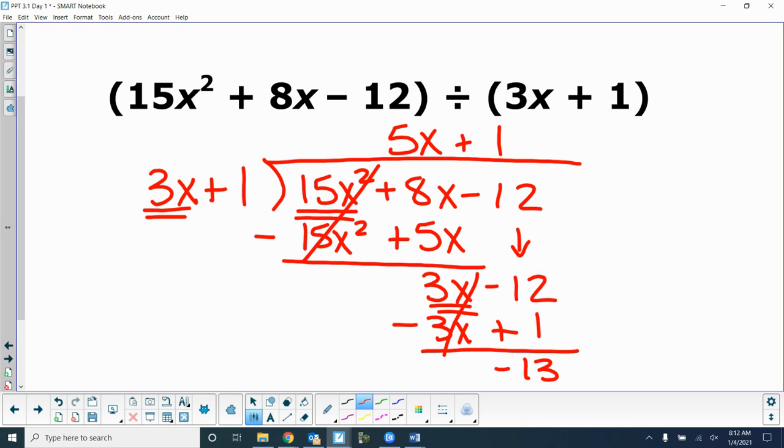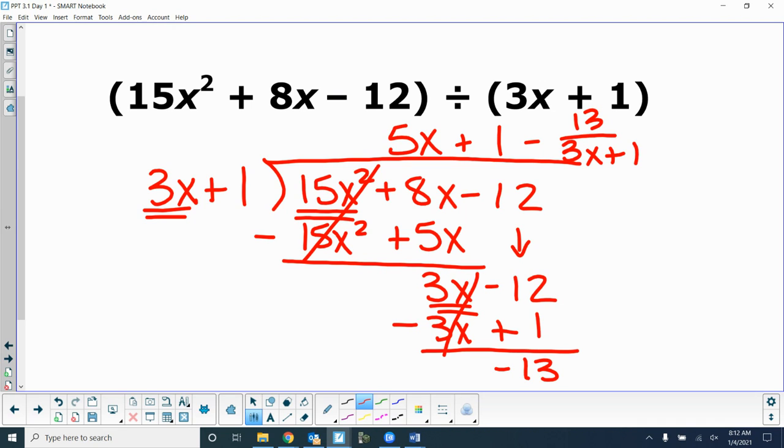That's my remainder. So up top here, since it's negative 13, I just put minus 13 over 3x plus 1. If you put plus and then negative 13 over 3x plus 1, that's okay. If you guys want to do plus for your remainder, just remember, if it's a negative, then put a negative with your number. Does that make sense?